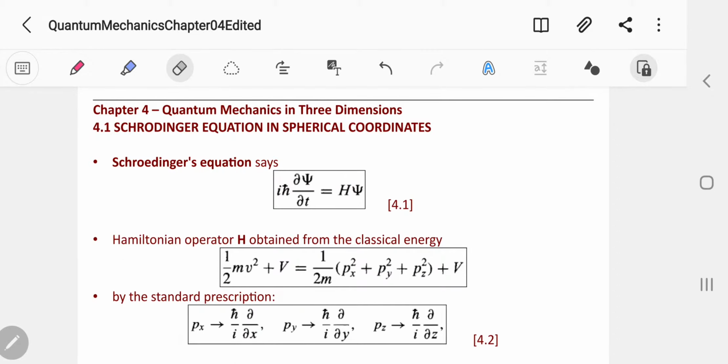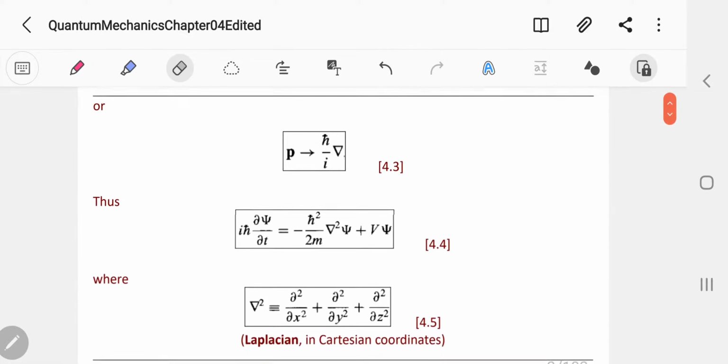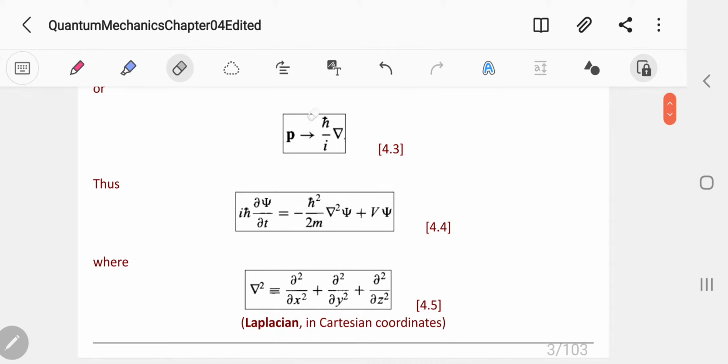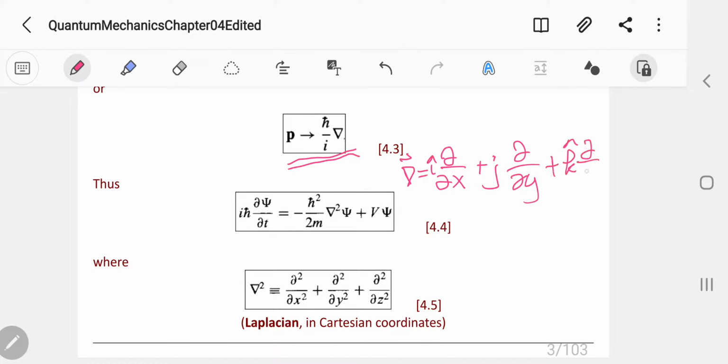This time we're taking the momentum in 3 directions, so we can write the momentum as h bar over i times the del operator, where in Cartesian coordinates del is just i partial with respect to x plus j partial with respect to y plus k partial with respect to z.